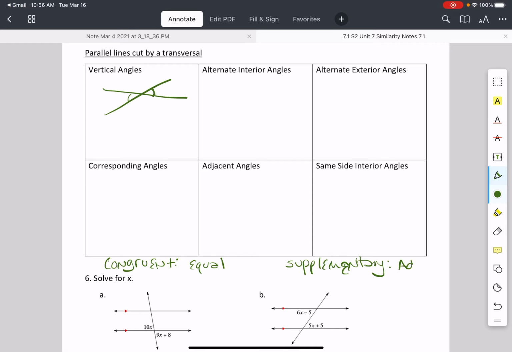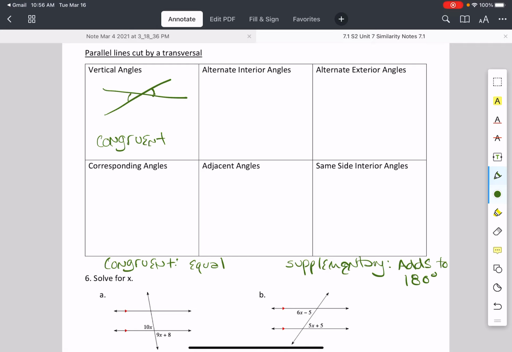Good, adds to 180. Okay, so vertical angles. So the 2 angles that are formed opposite of each other when 2 lines intersect are congruent. Okay.